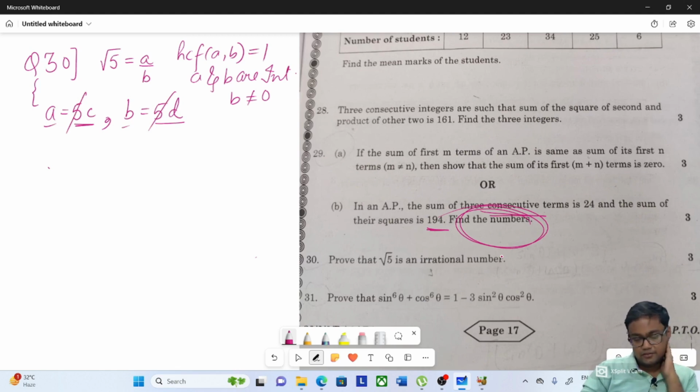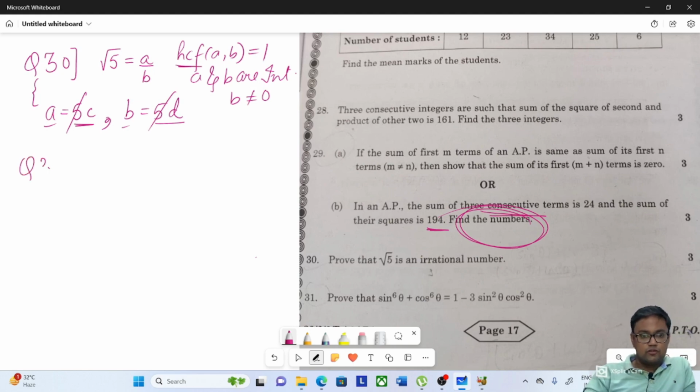Therefore, our assumption that a and b are co-prime, that is their HCF is 1, is wrong because you are getting 5 as the common factor again here. So ऐसा नहीं हो सकता, इसलिए जो हमने माना था कॉन्ट्रैरी करके, कॉन्ट्राडिक्शन करके, वो गलत होता है और हमें राइट पाथ पे जाना है. That is, root 5 was never rational, it was always irrational. So it can be done.